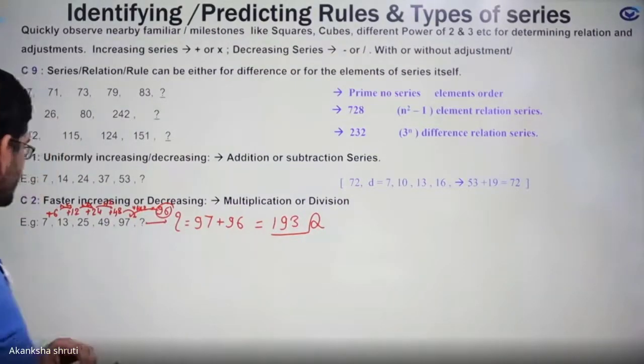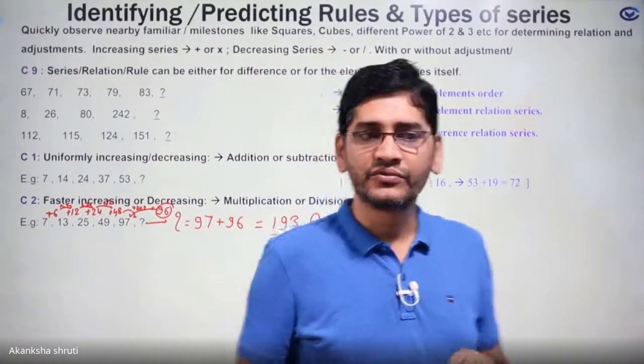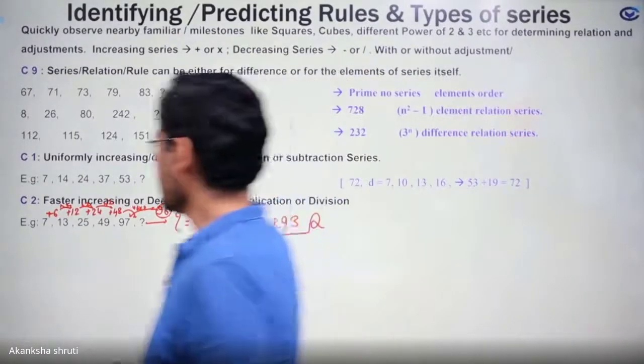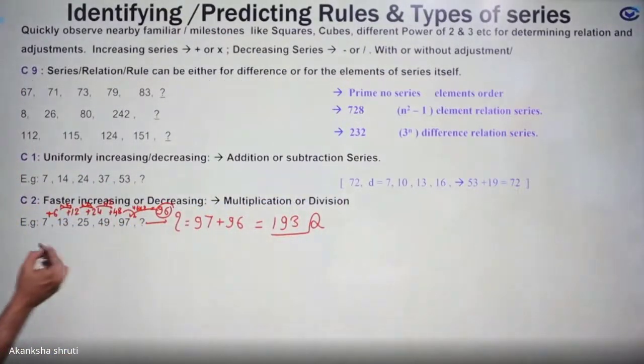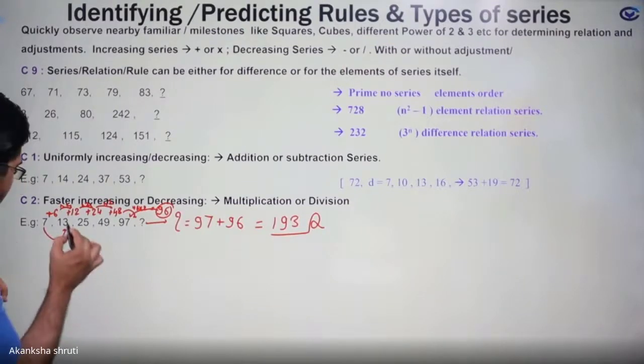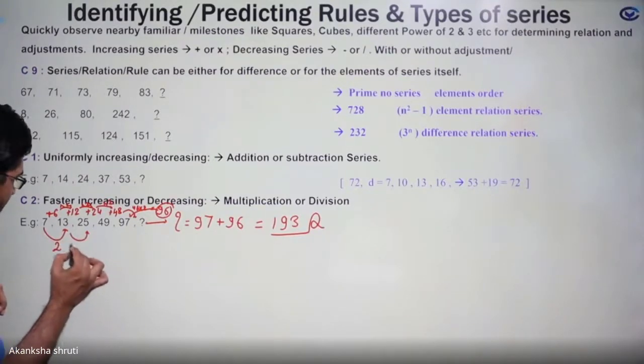Students, in addition to that, here we can observe one more rule. What is that? Here it appears to be increasing fast, by roughly 2 times. 13 is nearly 2 times 7, not exactly, so roughly you write 2 here. Again, 13 and 25, not exactly 2, but roughly obtained by multiplying by 2.